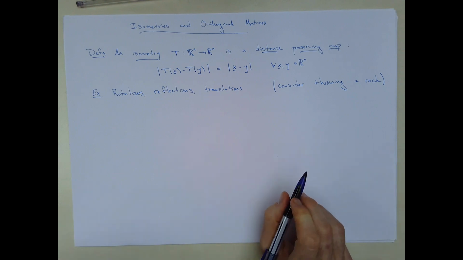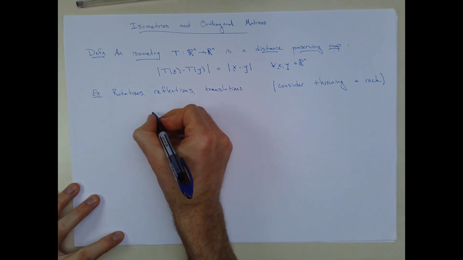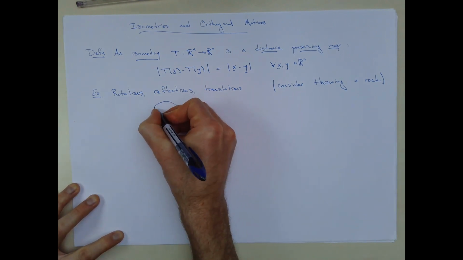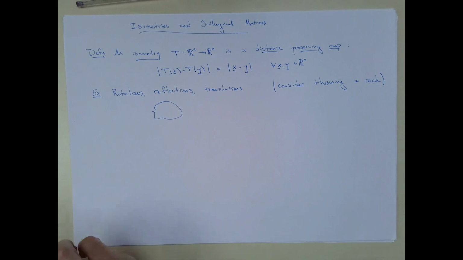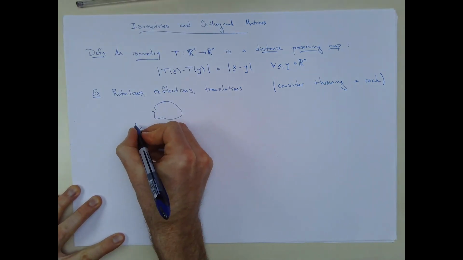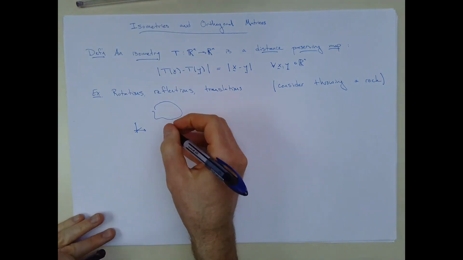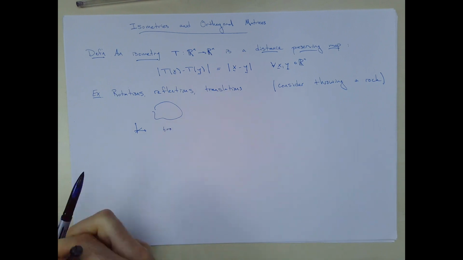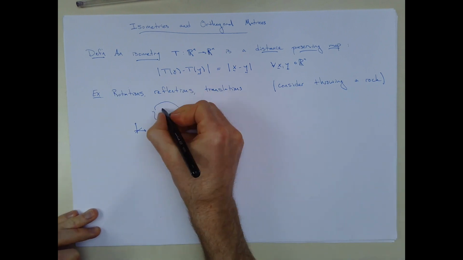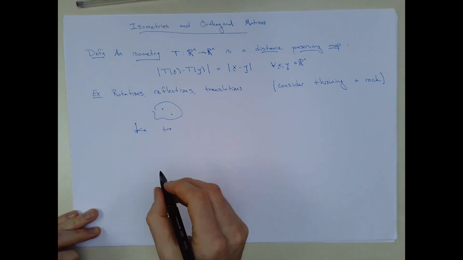Now what I can imagine doing, if I wanted to describe the motion of that rock, so suppose this is my rock, and maybe I give myself a coordinate system, and maybe this is the rock at time t equals 0. I could describe the rock by all the points, a continuum of points inside the rock.